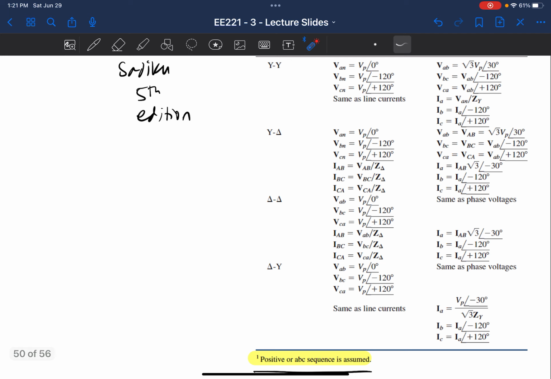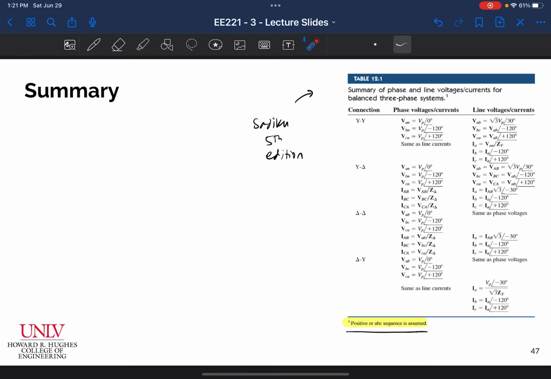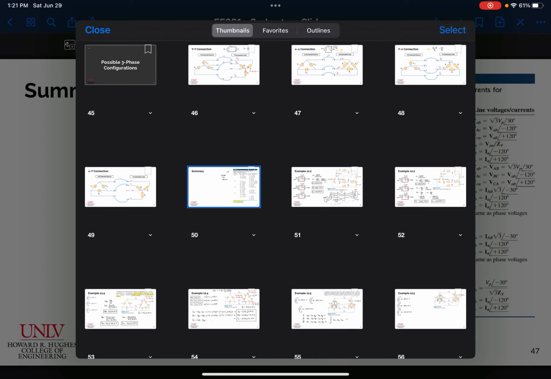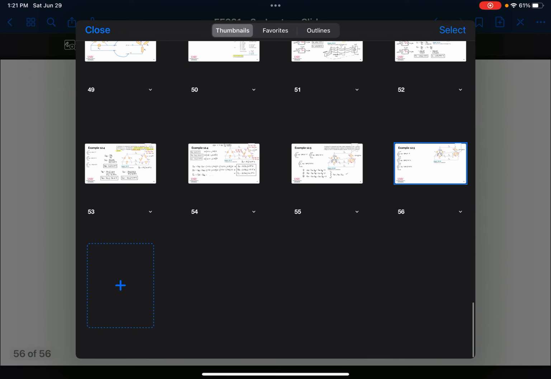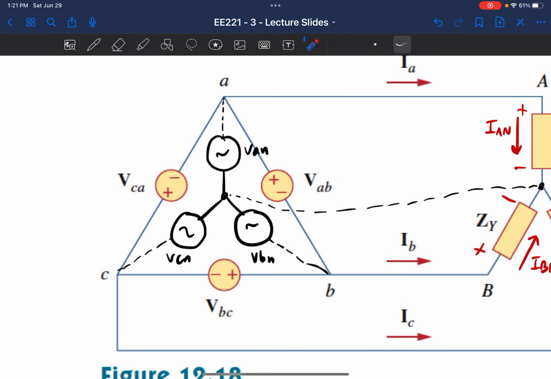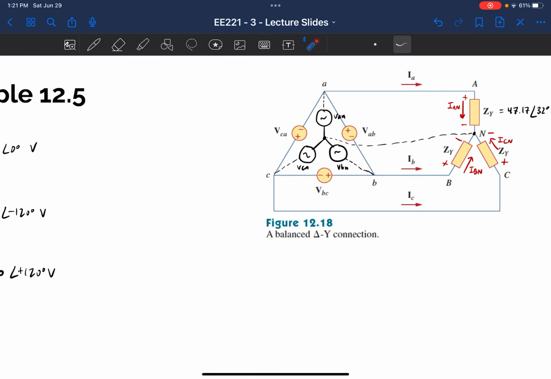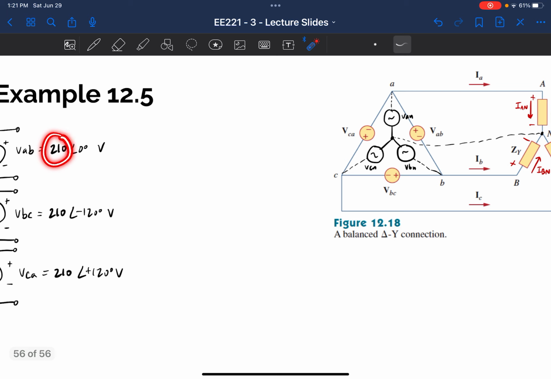I can take my delta voltage, which has a VP, and divide it by the square root of 3 to get the equivalent Y, because let's just take a look. If I look at this, it's telling me that from point A to point B, I basically have a particular voltage. In this case, it was 210 volts. So if I just look at A to neutral or B to neutral, it's going to be √3 times smaller.